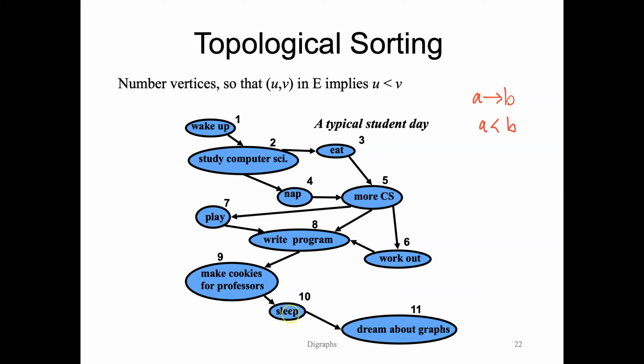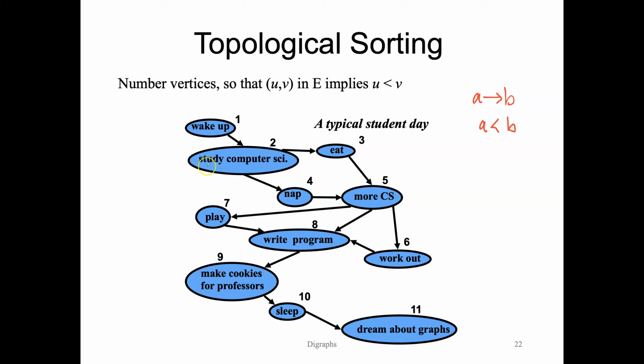If there's an edge from one vertex to another vertex, then that vertex occurs earlier in that order. So this topological order also gives an order in which we can perform all tasks which satisfy the prerequisites.